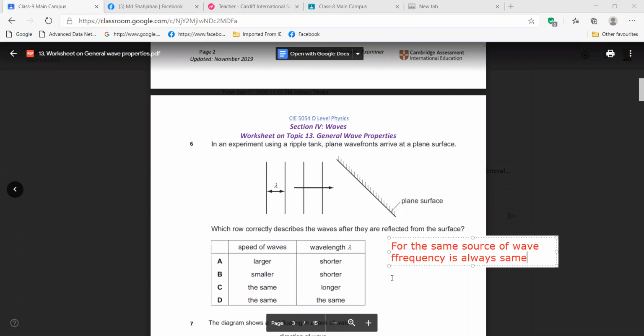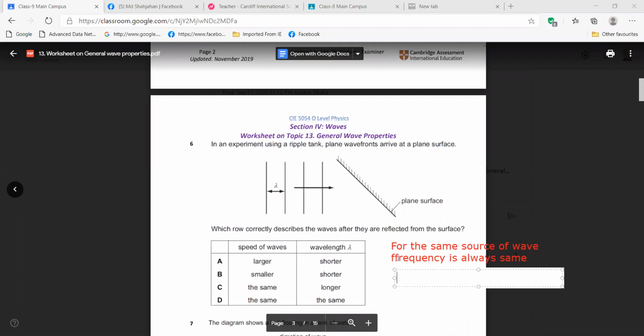But the other things you know, the one you got, that if wave goes to shallow region, then wavelength decreases and speed also decreases.